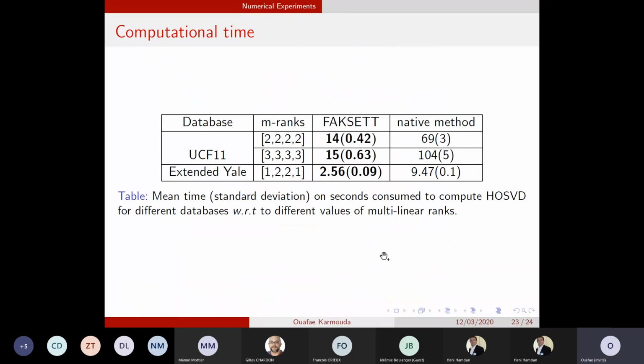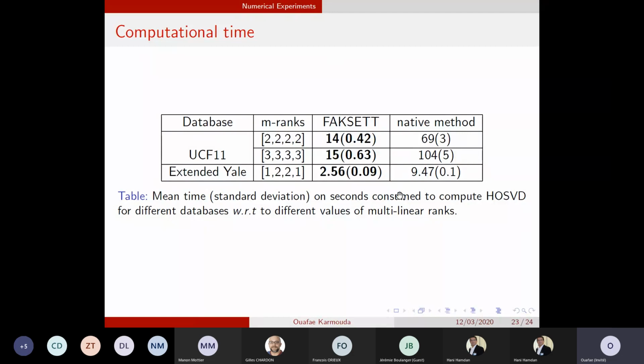However, in terms of computational time, here we have the time in seconds consumed to compute the factors that we need to compute the kernels, and here the time consumed to compute the higher order singular value decomposition. So we clearly notice that the FAKSETT method helps us reduce significantly the computational time compared to the native method.